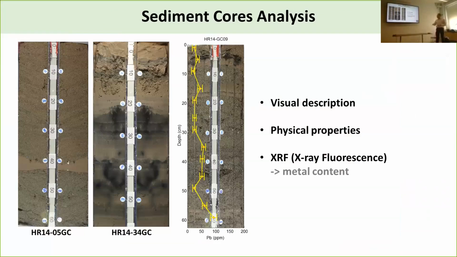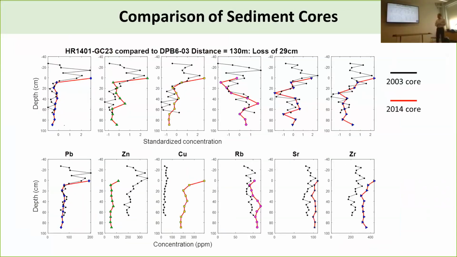We use an X-ray fluorescence system that's a very rapid measurement of a series of different metals in the cores. So what we're getting here, as an example, we're not only getting lead, but we get the whole range of metal types simultaneously with this method.